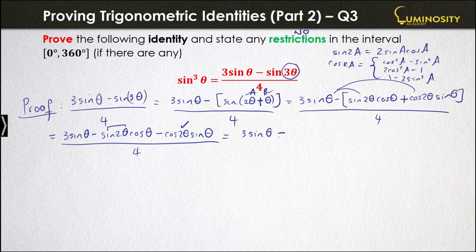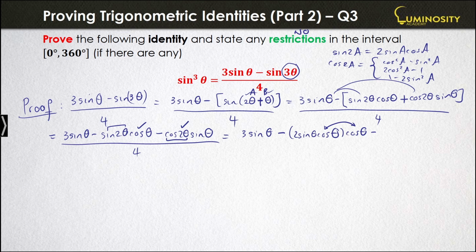Okay, so sine 2 theta I can replace with 2 sine theta cos theta times that cos theta on the outside over there, minus... so let's think about this now. When we expand this term, there's going to be a cos squared theta term here. So maybe let's replace this cos 2 theta, that'll also have a cos squared theta term, so maybe we can pull it out as a common term.